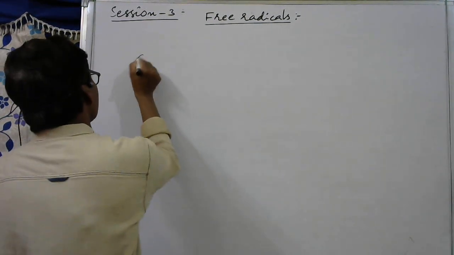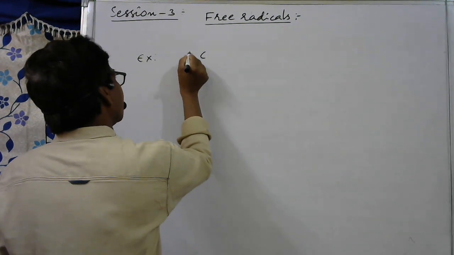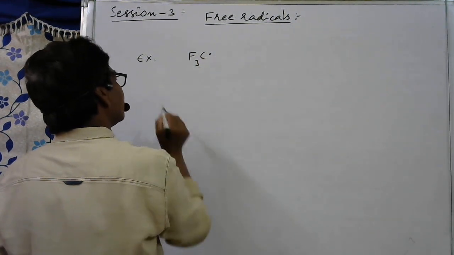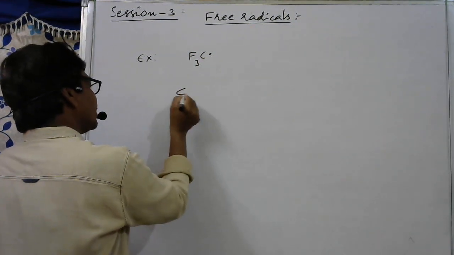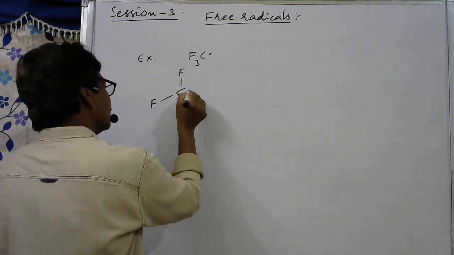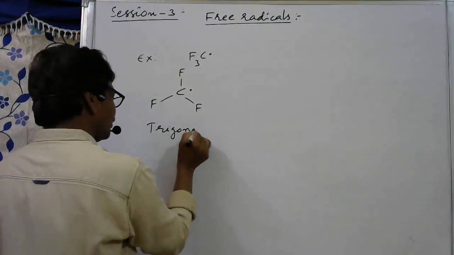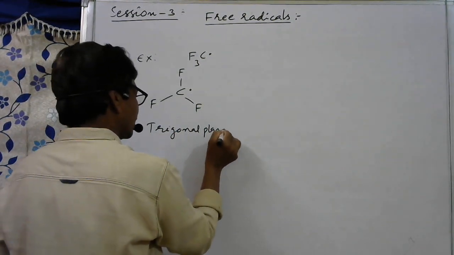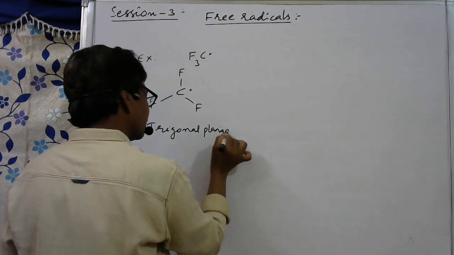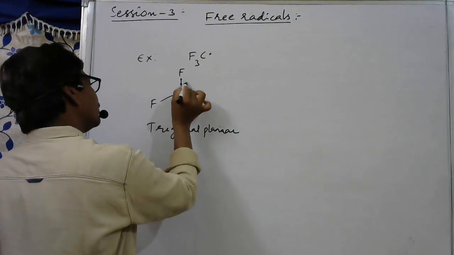Particularly here I am giving one example. See here, CF3 free radical. We can write it like this, with one fluorine here, one fluorine here, one fluorine here. We may expect a trigonal planar shape. But because of this, electrons are moving towards the fluorine side.